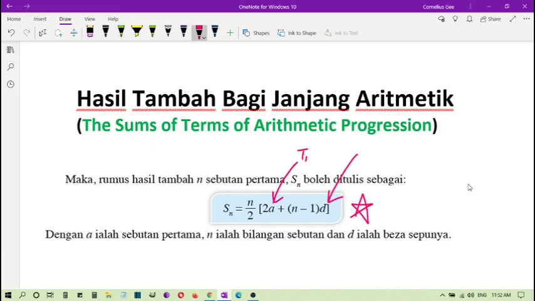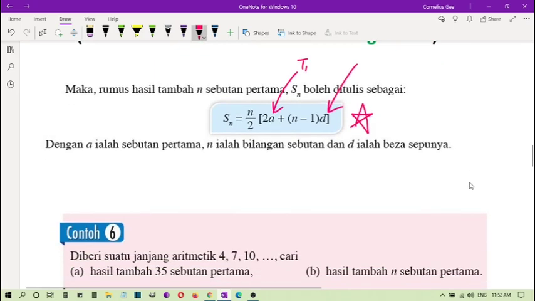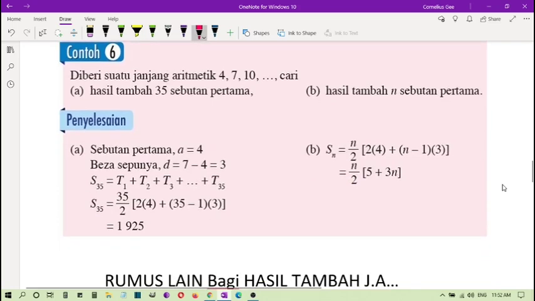So mari kita lihat bagaimana kita menggunakan persamaan ini. Here you go. Diberikan satu janjang aritmetik 4, 7, dan seterusnya, A ialah 4, dan beza sepunyanya ialah 3, so 7 tolak 4, iaitu 3. Jadi kita nak cari hasil tambah untuk 35 sebutan, so it's self-explanatory.